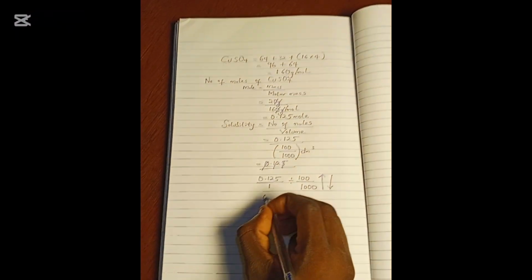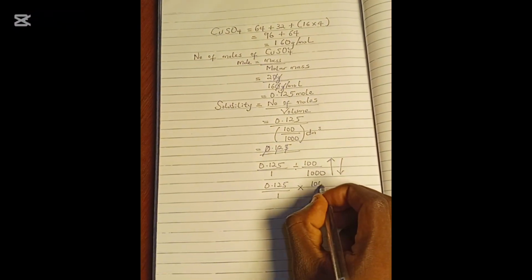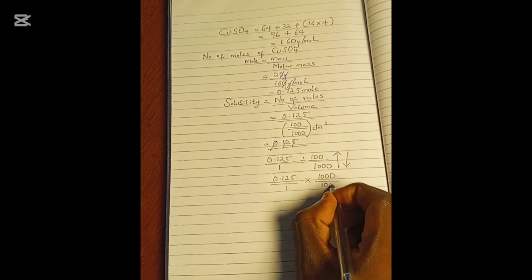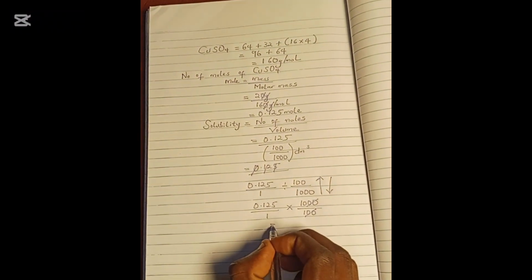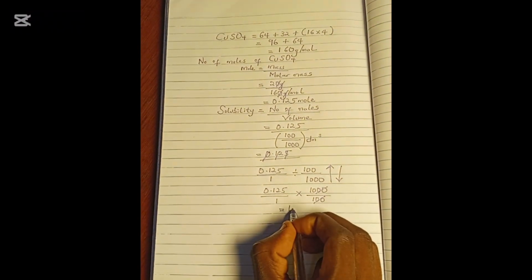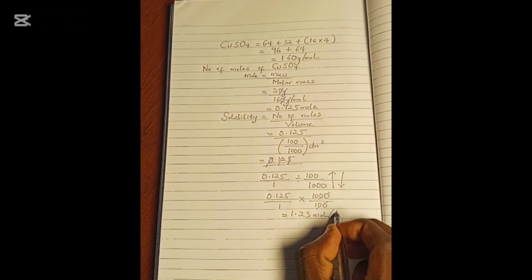That's just the rule. So we have 0.125 all over 1 multiplied by 1000 all over 100. 0 cancels 0, so we have 0.125 multiplied by 10, which gives us 1.25 mole per dm³.